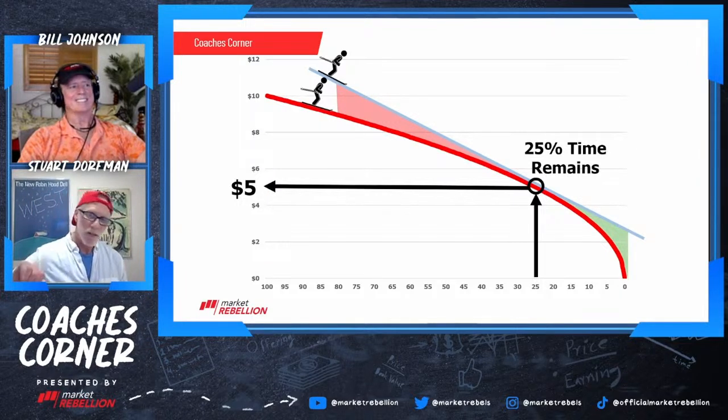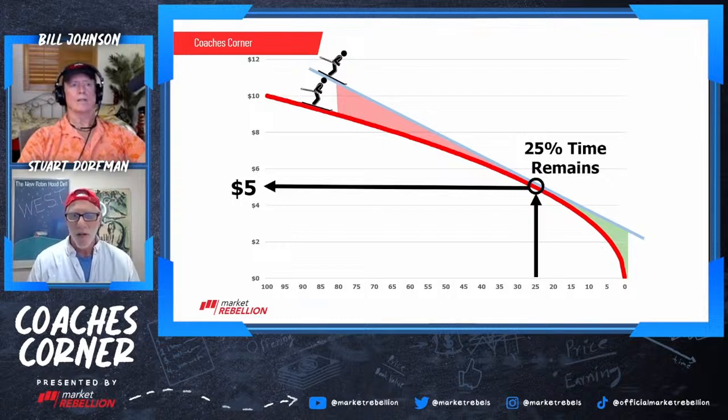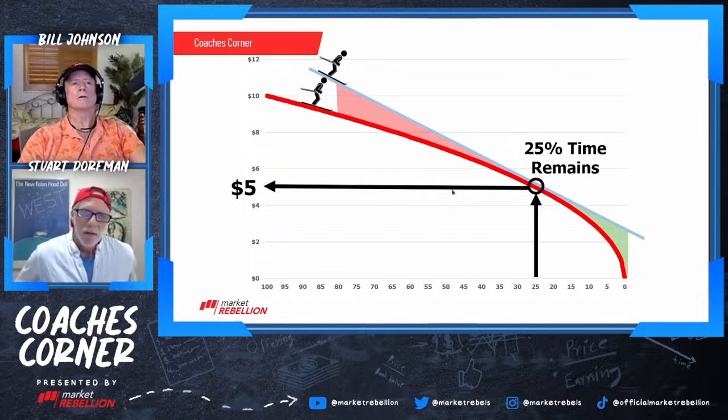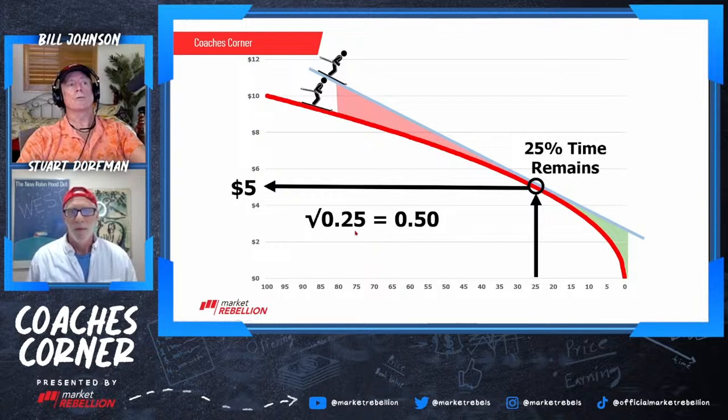Traders, it's never going to be absolutely 25%. Sometimes it will be. It's in and around there. It's the general idea that it's not half. From a pricing model perspective, it is, though. It will come out because of that square root pricing rule. And one of the ways we can show it is that the square root of a quarter is a half.